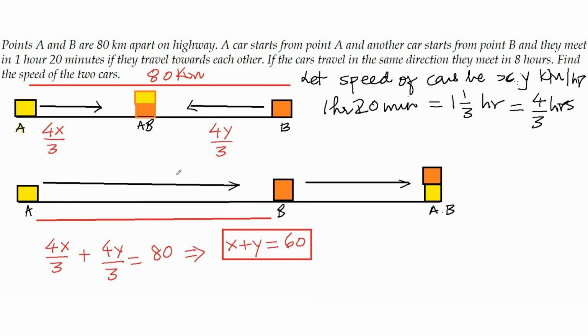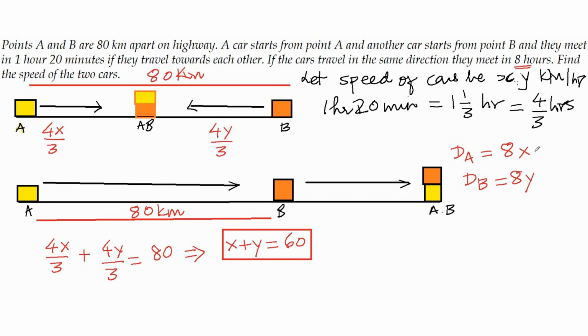They are moving in the same direction. So I can definitely say that the distance covered by the car A in the second case is going to be, it is moving for 8 hours, right? They meet in 8 hours. So it will be 8x, and the distance covered by car B will be 8 times its speed, that is 8y.